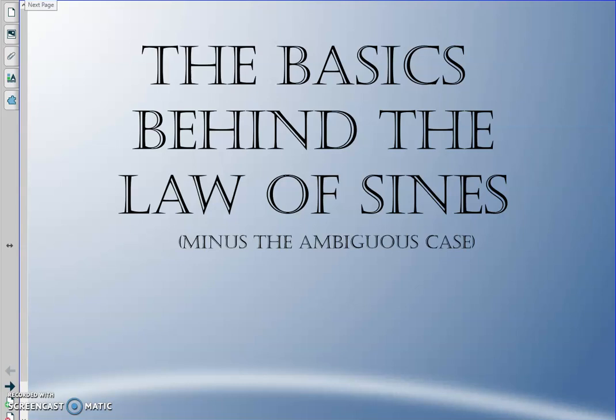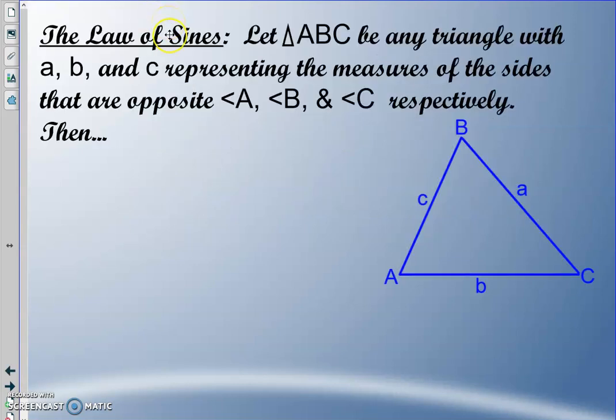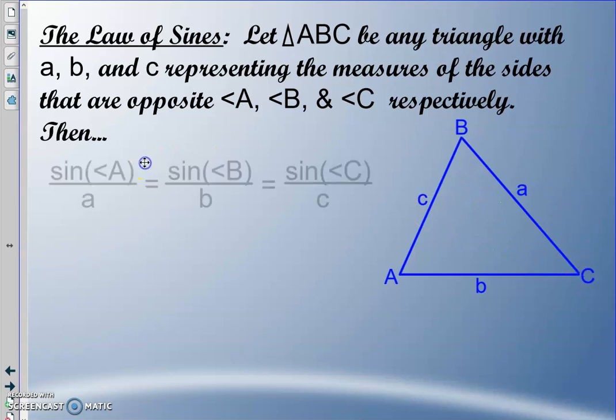So let's get started. First of all, this is what the law of sines says. Suppose you have any triangle at all, triangle ABC, it doesn't have to be a right triangle, where little a is the side opposite angle A, little b is the side opposite angle B, and little c is the side opposite angle C. It turns out that this proportion will always hold true.